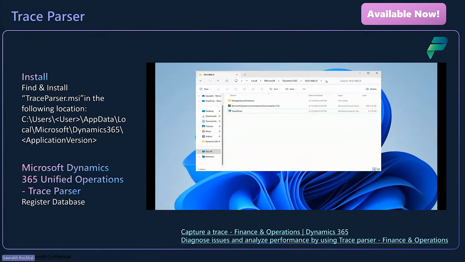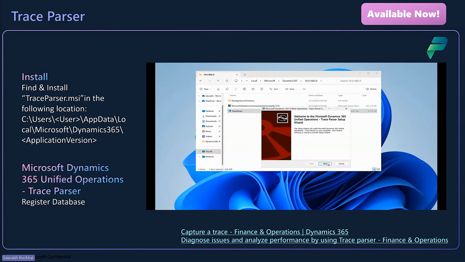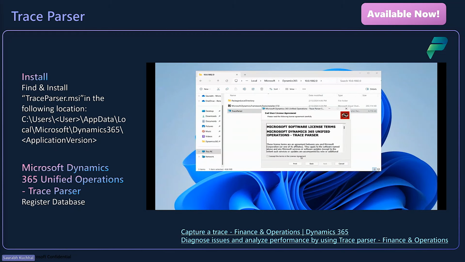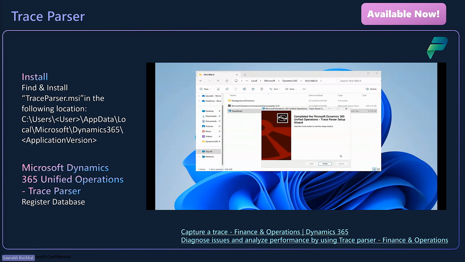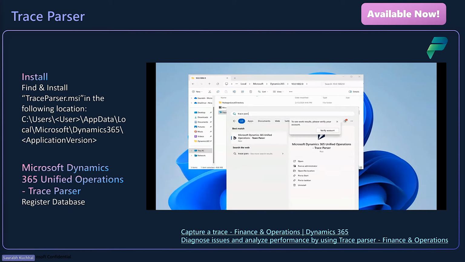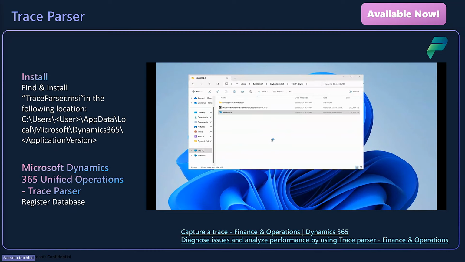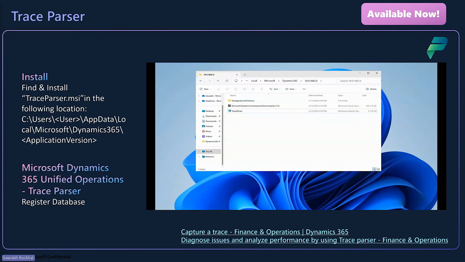Trace parser, as mentioned earlier by Peter: if you need to deal with performance issues in finance and operations apps, you use the trace parser tool in cloud-hosted environments, and it's really important. The same way you can do that in unified dev environments as well. It allows detailed performance analysis.